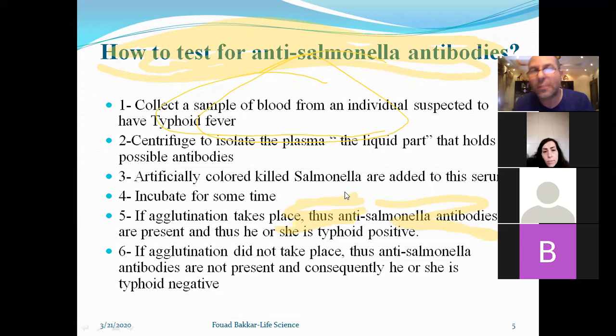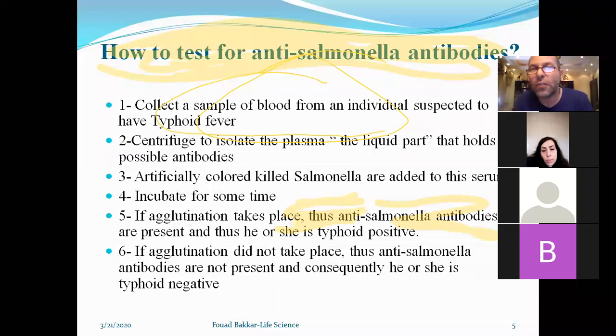So how do we test for being salmonella positive or negative, to confirm whether you have typhoid or not? The procedure has 6 steps. We have to collect a sample of blood from the patient who is suspected to have typhoid. I'm not sure if he has typhoid.